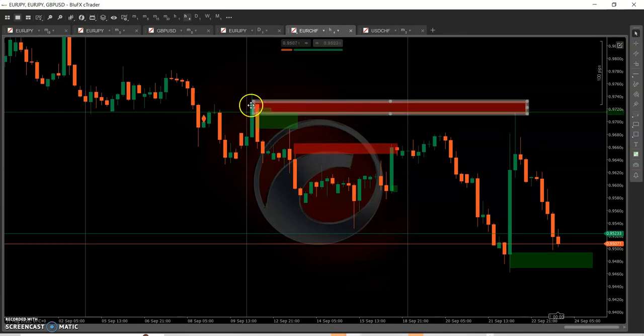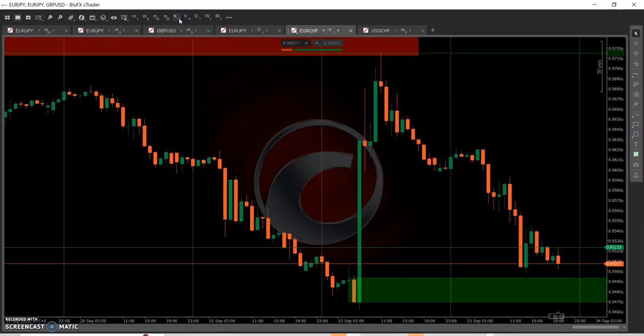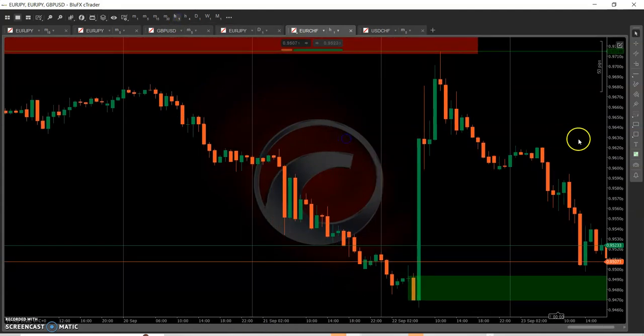We are on the 1 hour chart, and you see price breaking this high, and then price coming to break this high, and price coming to break this high. So this here already is a change of character.